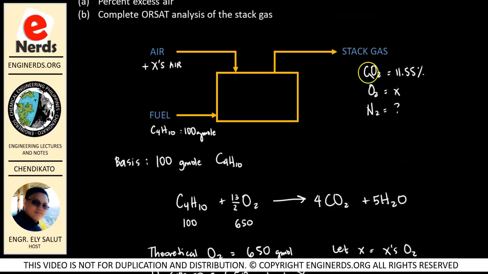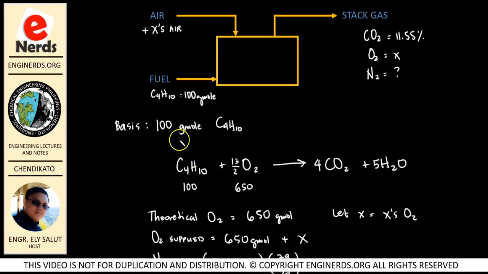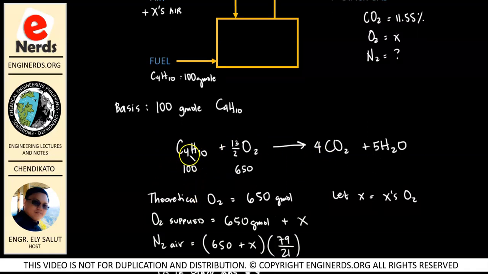So, how much carbon dioxide do we have in our stock gas? Of course, since we have complete combustion, all of our butane is converted to carbon dioxide. So, if we have 100 C4H10, and our ratio is 4:1, that means we have 400 gram moles of carbon dioxide, right?